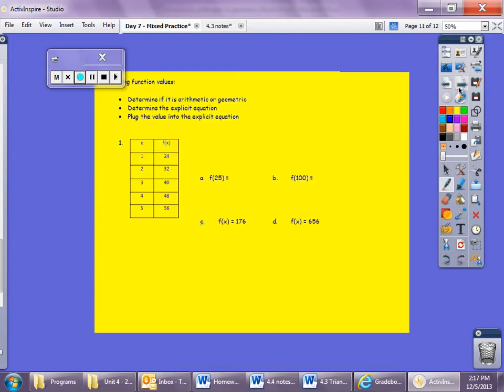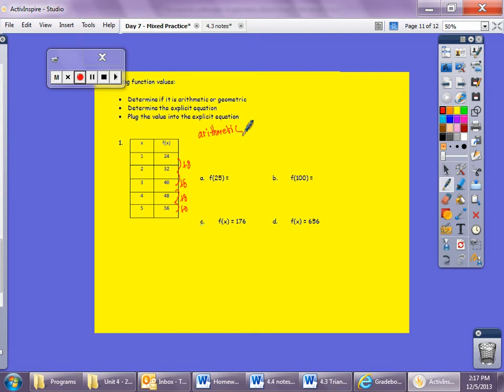And then if we just look at this one in the back real quick, it says to find the missing values, so we have to determine if this is arithmetic or geometric. If we look at this first one, this is adding by 8 each time. So this is arithmetic.